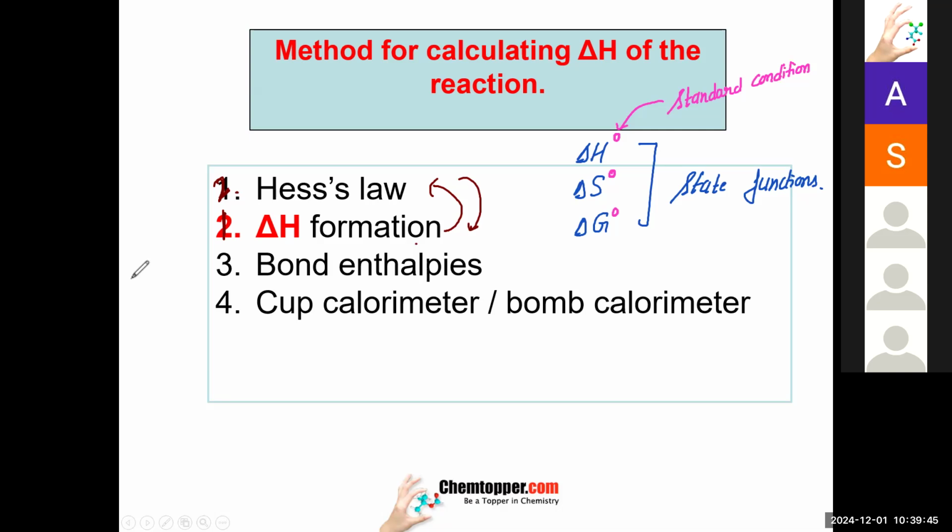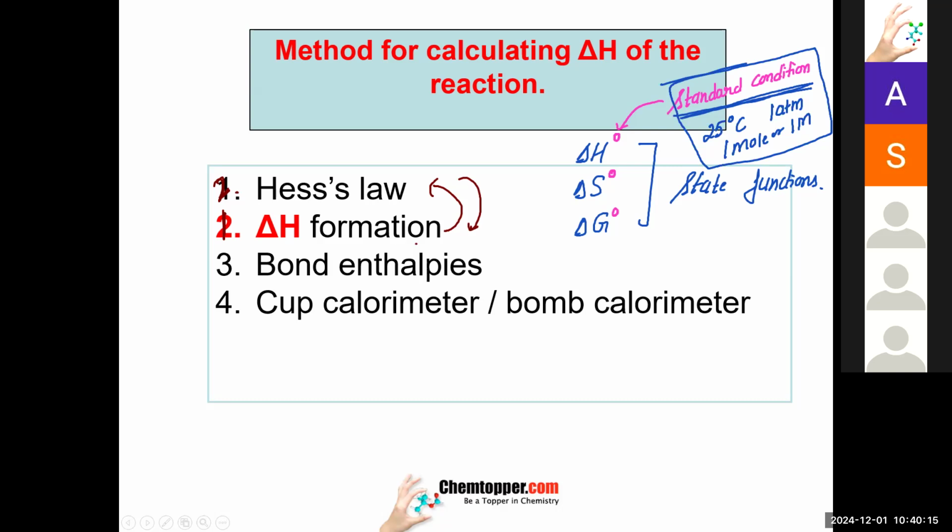Standard conditions are 25 degrees Celsius, 1 atm, for 1 mole or 1 molar. Sometimes this is a multiple choice question in the AP exam, because many children don't know the meaning of this.